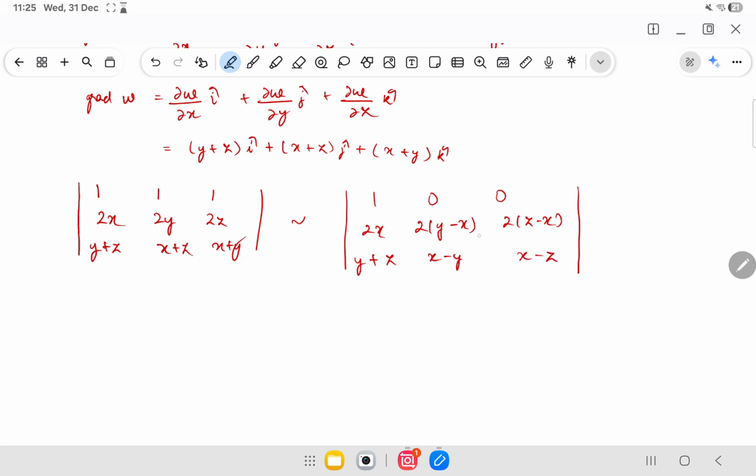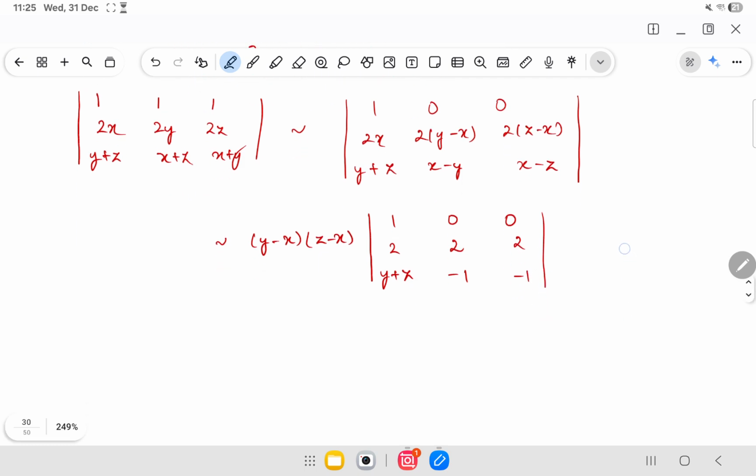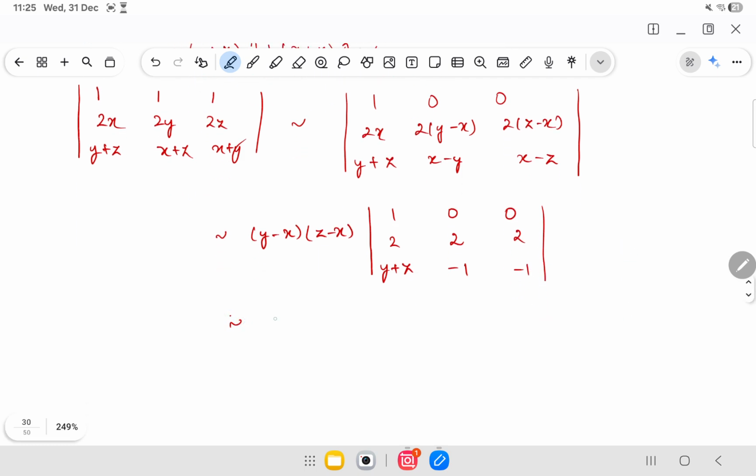Now I can pull out y minus x from the second column and z minus x from the third column. So it will be equal to (y minus x) times (z minus x) times the determinant 1 0 0, 2, and so on.